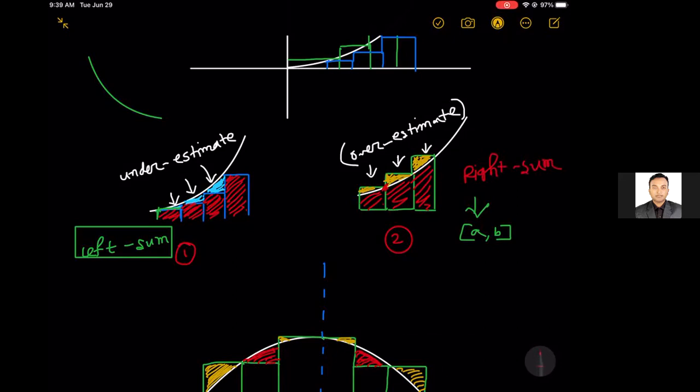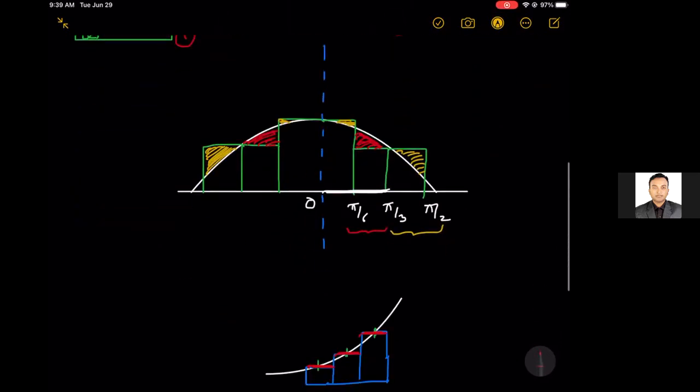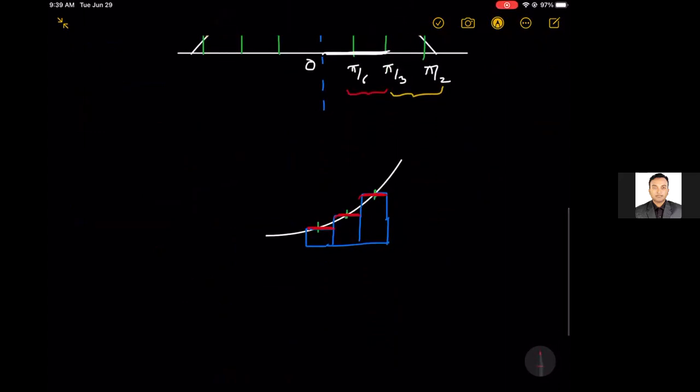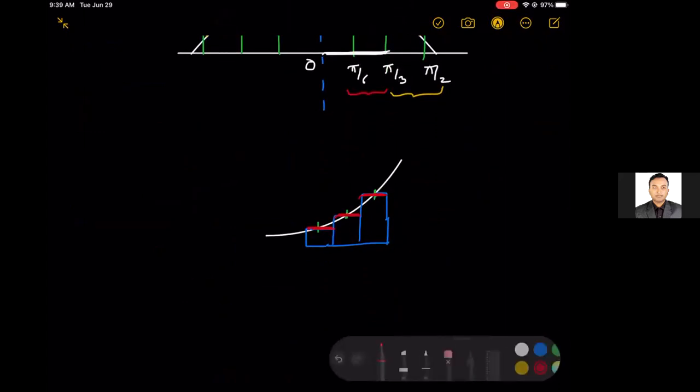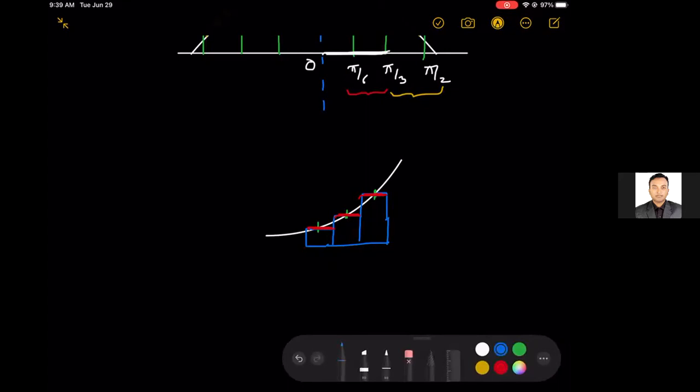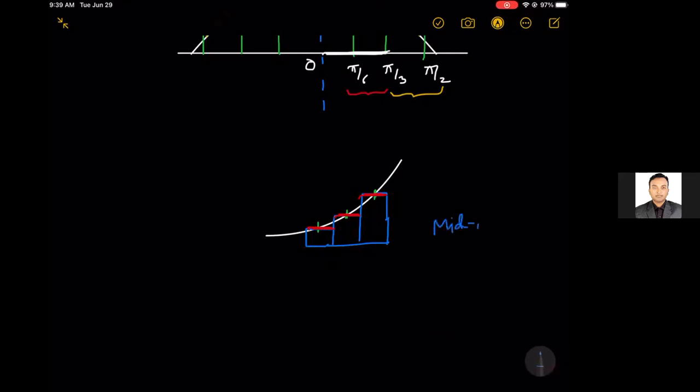Okay, so clearly you can imagine the name of this scenario would be midpoint Riemann sum, right? Because we'll be using the midpoint of the interval. This is how we define these scenarios.